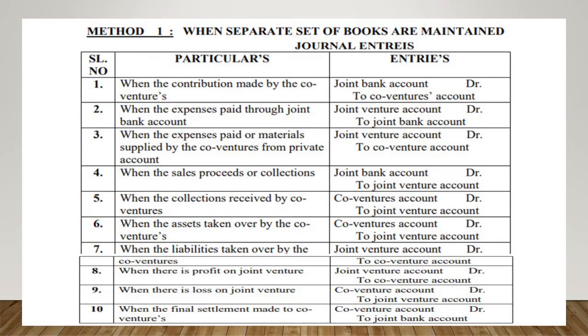If the sales are made by any co-venturer, co-venturer's personal account debit to joint venture account. When assets are taken over, co-venturer to joint venture; liabilities taken over, joint venture to co-venturer. For profit, joint venture to co-venturer account. For loss, co-venturer to joint venture account. Then final settlement, co-venturer's personal account debit to joint bank account.